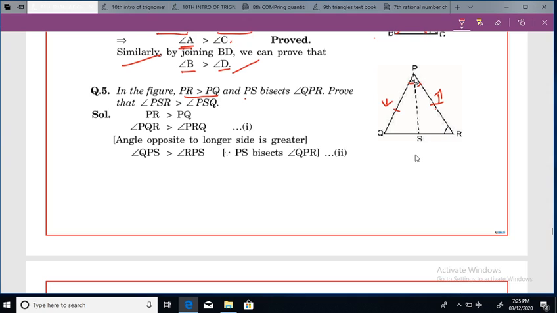So simply we did this. Actually this is the longest side, so opposite to this side is angle Q, the largest angle. PQ is the smallest side, so opposite to this side is angle R, which is less than Q. So it means angle Q is greater than R. We say that in another rhyme.